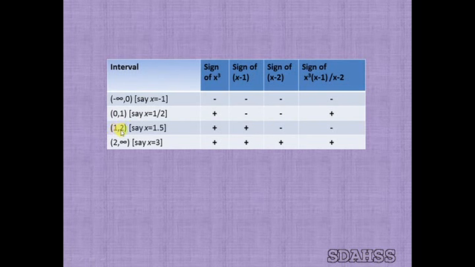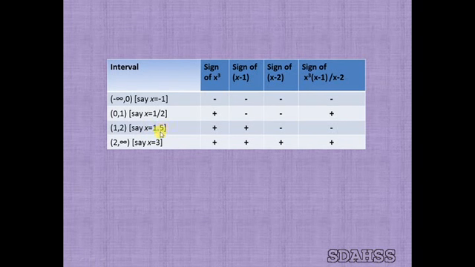Then the third interval 1 comma 2. In 1 comma 2 you take down the middle value, any one of the values. Say for example x is equal to 1.5. You take down any one value, say for example 1.1, 1.2, 1.3, whatever it may be.